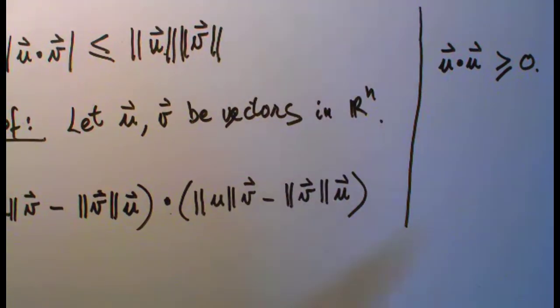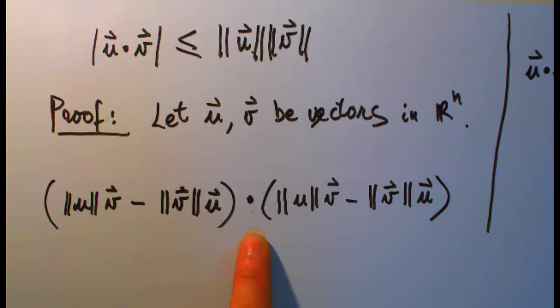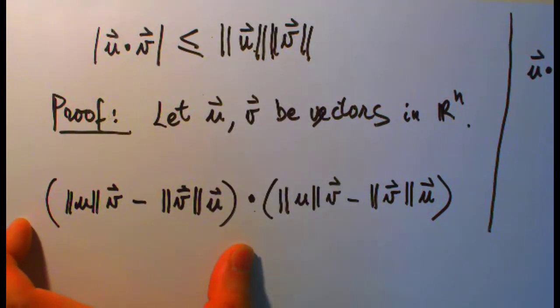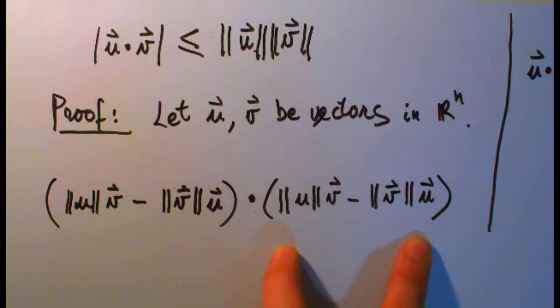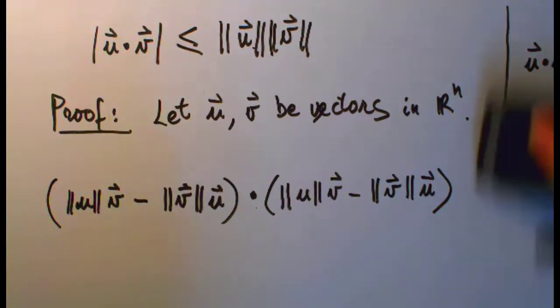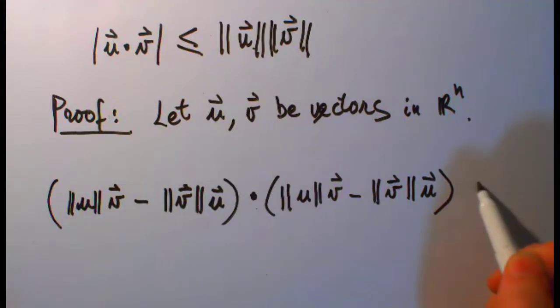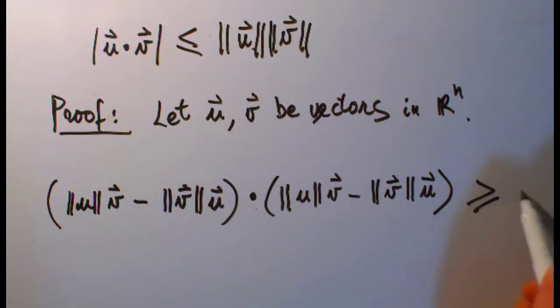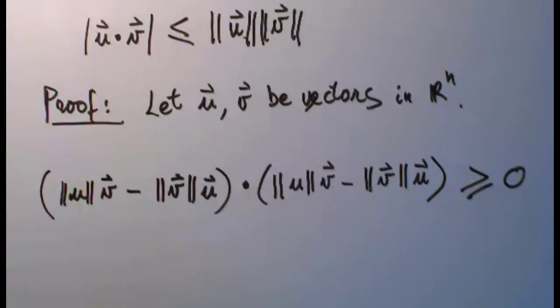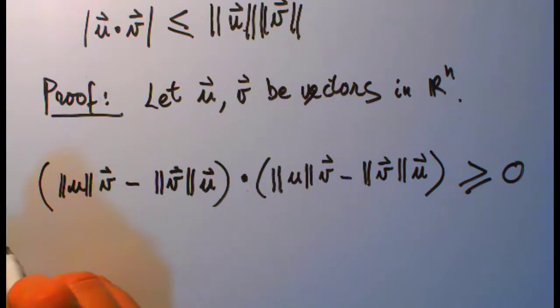Bringing that understanding into our proof, this is a dot product between some vector and itself. So on one hand, we know for sure that this dot product is greater than or equal to 0. It's a non-negative quantity.